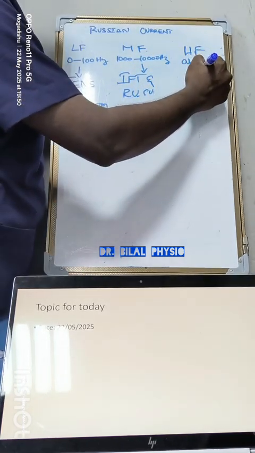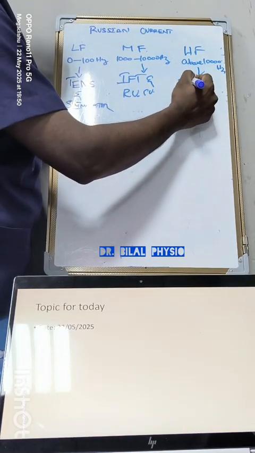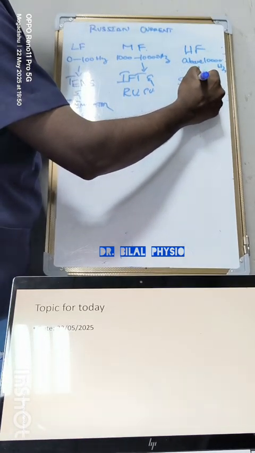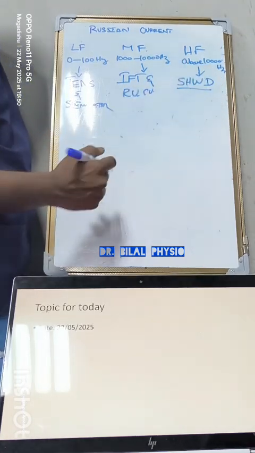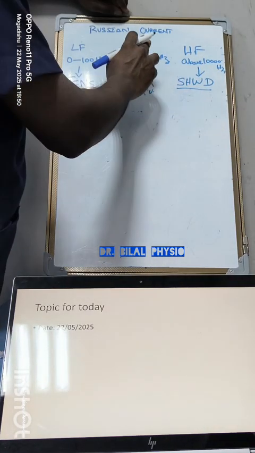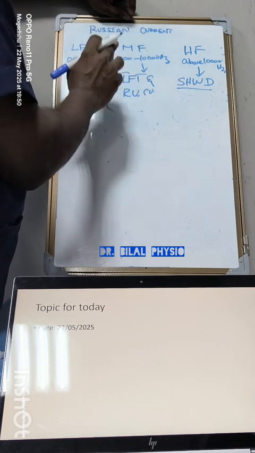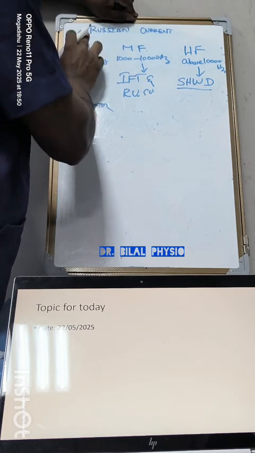The high frequency above 10,000 Hz is shortwave diathermy. So these are the different ranges of current frequency under which the therapies we are using fall.